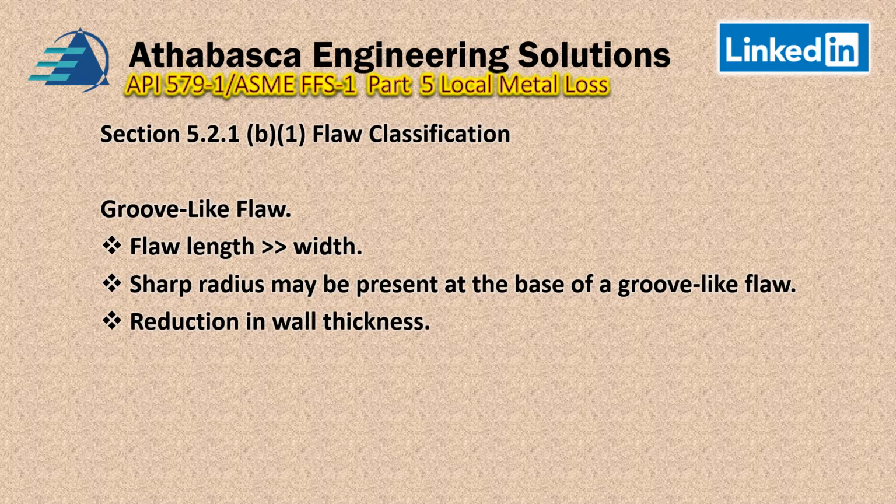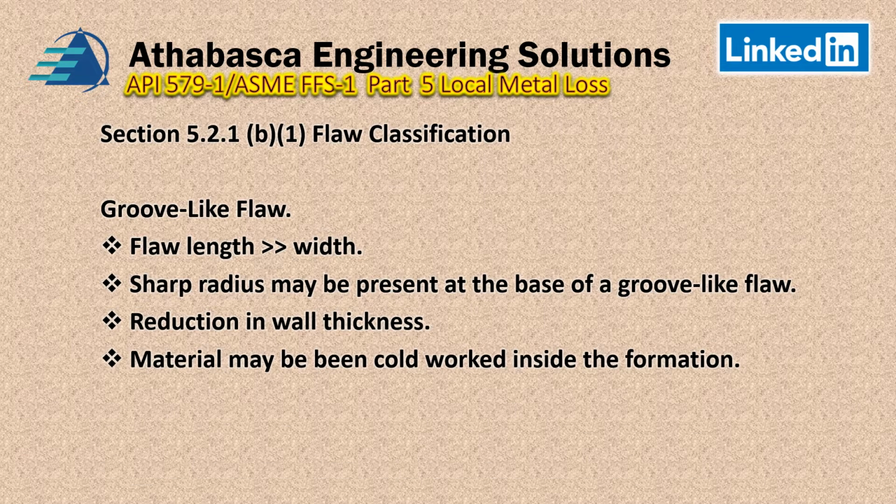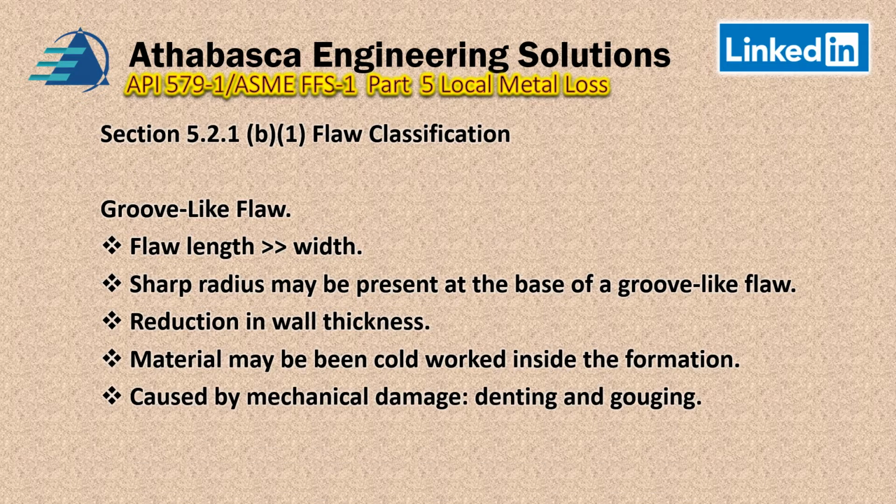There's a reduction in the wall thickness. This is all true, and the material has been cold worked inside the formations because of gouging and that kind of thing. It's caused by mechanical damage, dents and gouging. There's another section on that, but we're going to focus on the groove-like flaw for our analysis.